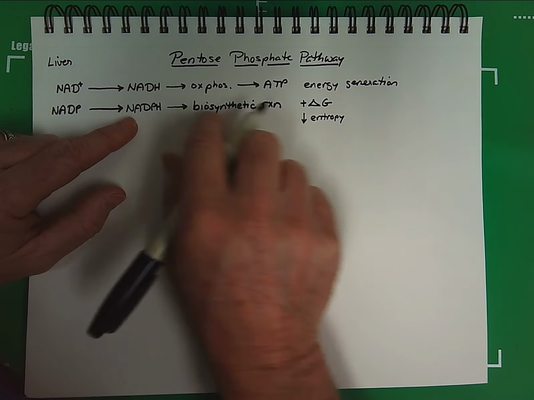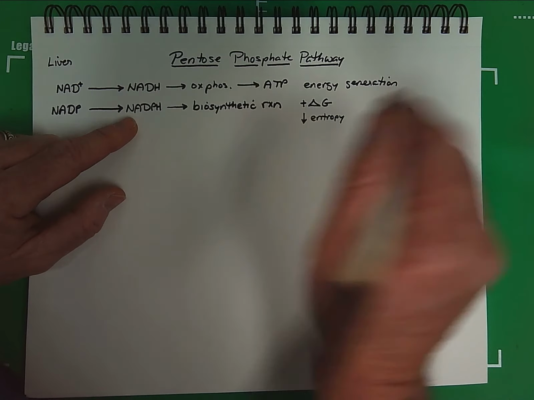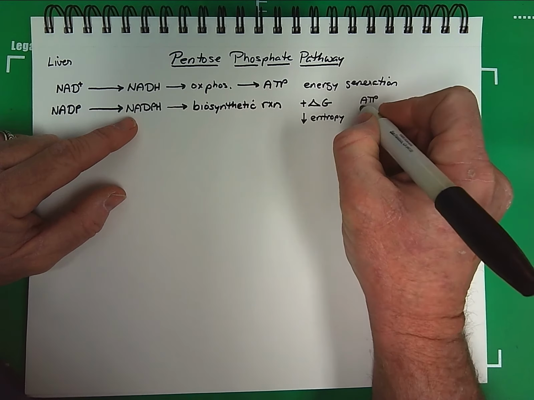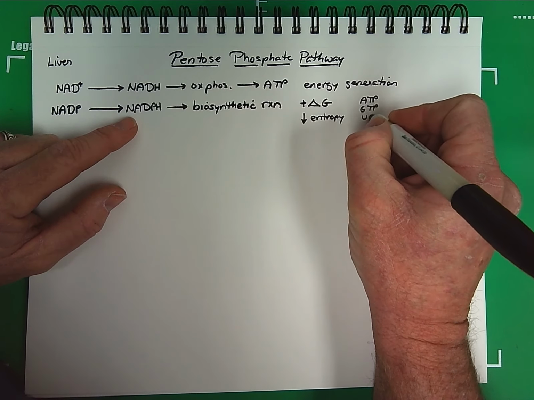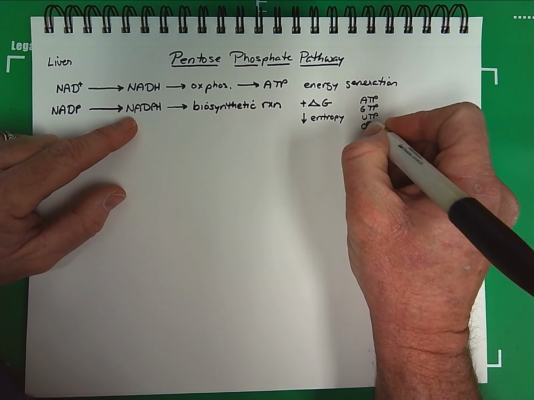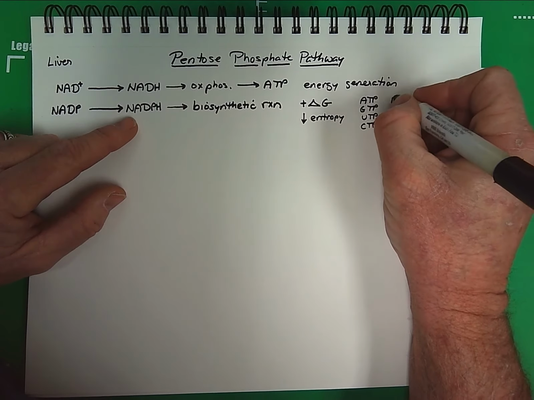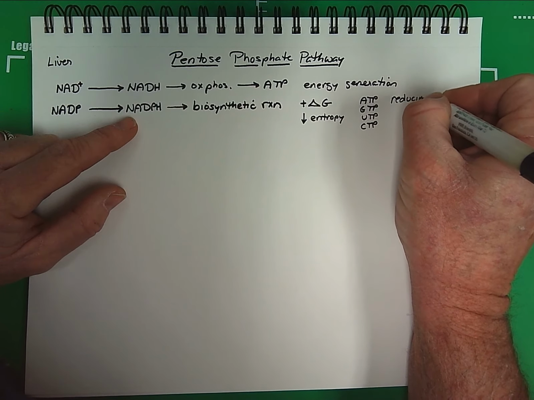So the energy for driving this reaction will, of course, be the nucleotide triphosphate molecules such as ATP, GTP, UTP, and CTP, but we are also going to require reducing power.